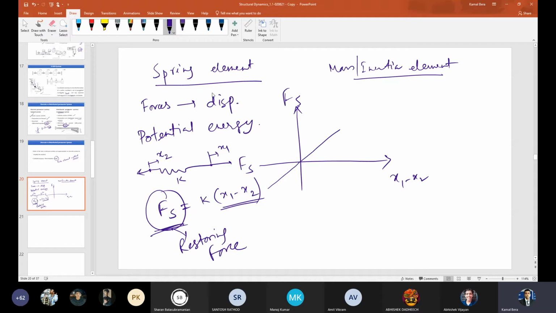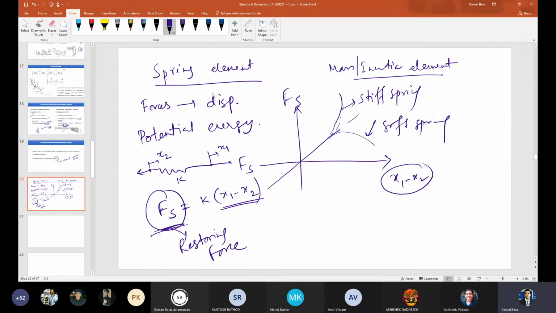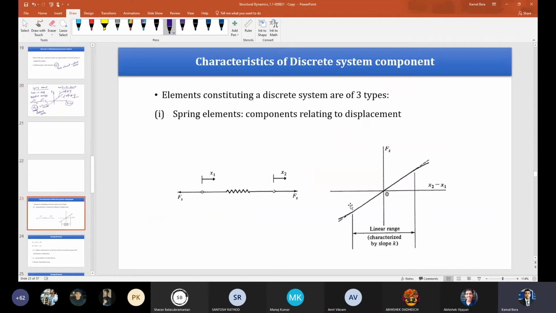But if the spring is non-linear, or the deformation becomes large, the behavior can be like this, which is called a stiff spring, and this is called a soft spring. But obviously we will not deal with these; all our systems will be linear.